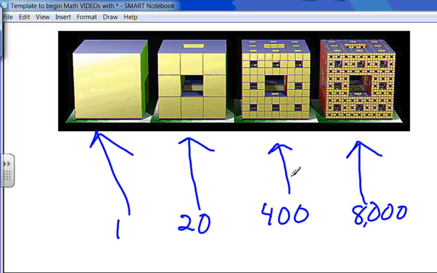In this next video, we'll take you out to the 6th iteration, where there are 64 million cubes. Check it out.